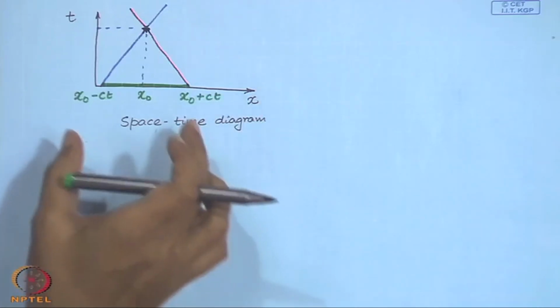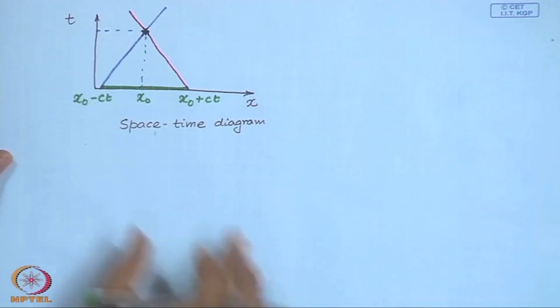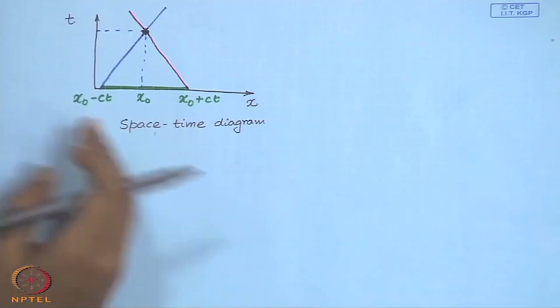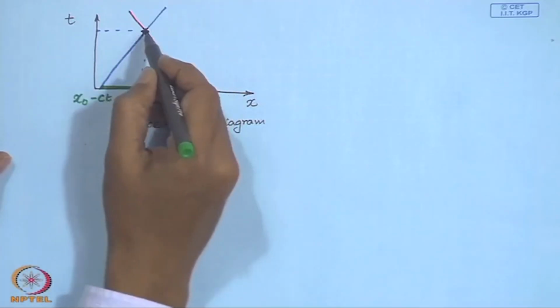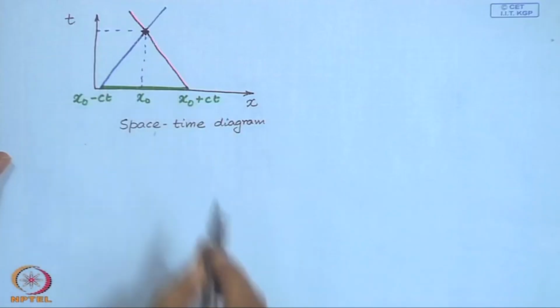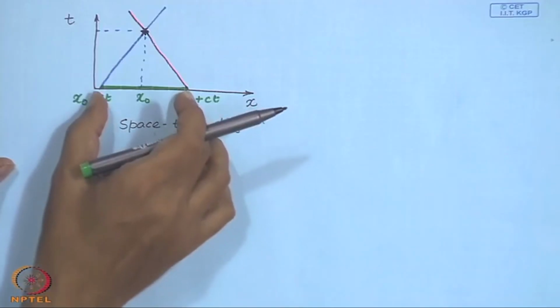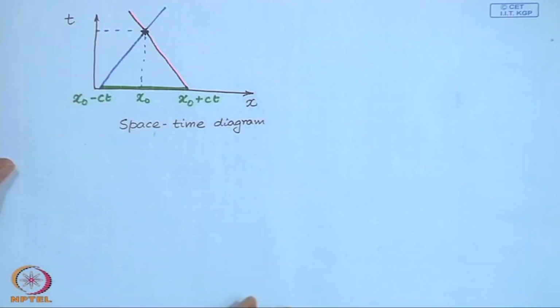So, when we solve the initial value problem in terms of propagating waves, then we will find that the solution at this point is dependent upon the initial conditions specified in this interval, not what is outside this interval.